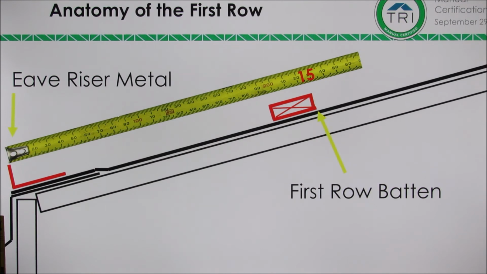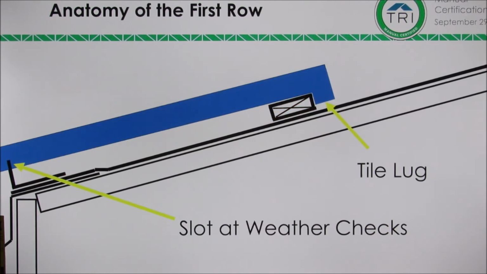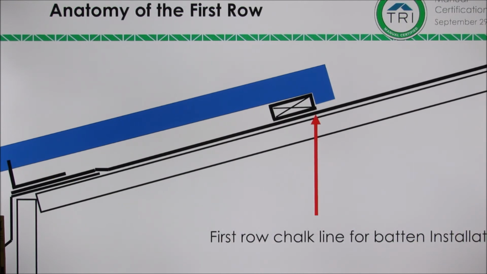So we install that eave riser metal and we install our first row batten. Our tile fits on and nestles over where the slotted eave riser metal fits, and then the lug hooks over that batten. So our first row chalk line for a batten installation is going to be where the top of the batten is, if we're using battens.